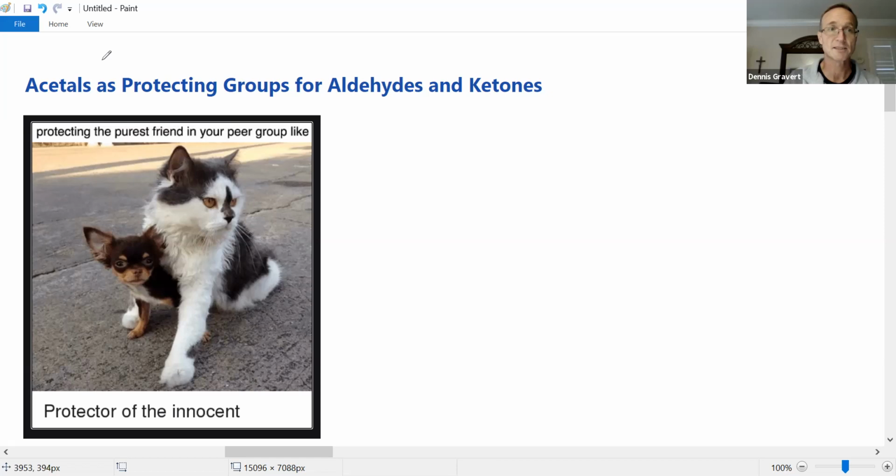So acetals, right? Let's draw this out. An aldehyde or a ketone looks like that.